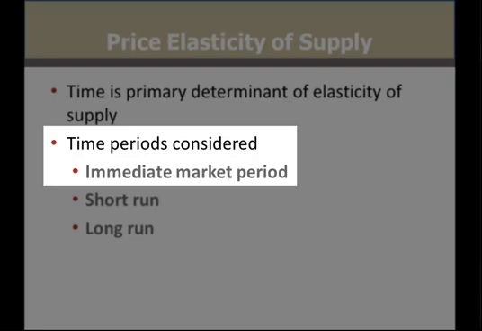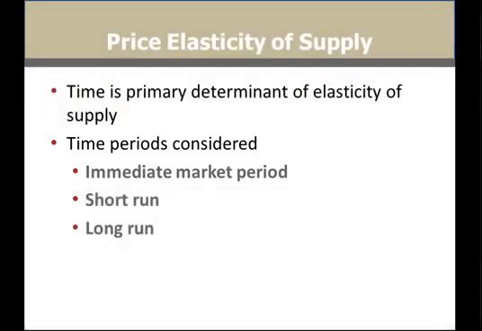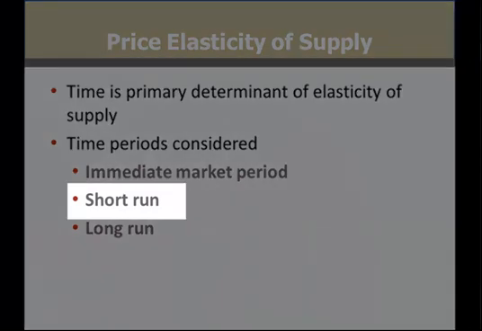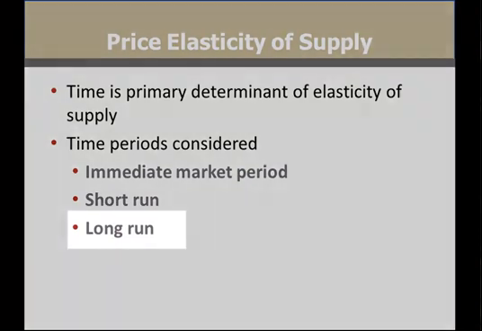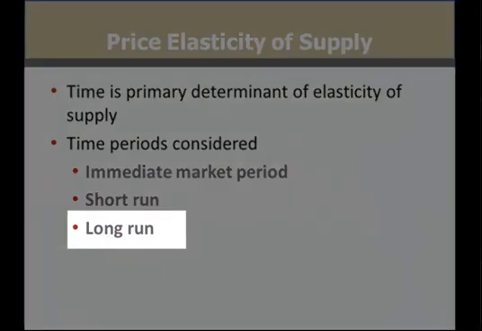However, the short run means that there is enough time to adjust output by increasing or decreasing the variable inputs, like labor, but not the fixed inputs, like facility size. And the long run means that there is enough time to adjust output by increasing or decreasing all inputs. For example, if you could change the size of your factory, that would be a long run period.